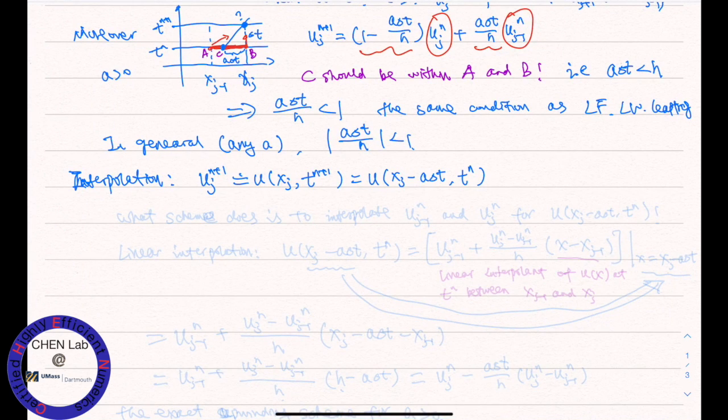That's the location C. What the scheme does is to interpolate U_(j-1)^n and U_j^n for U at xj minus A delta t, tn.